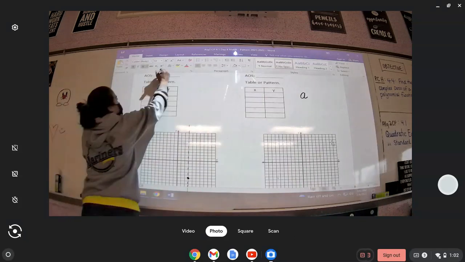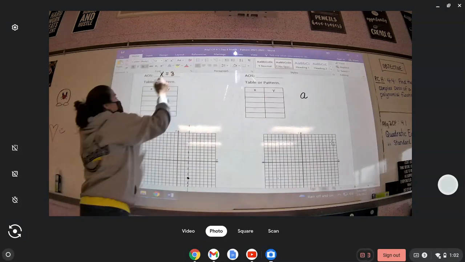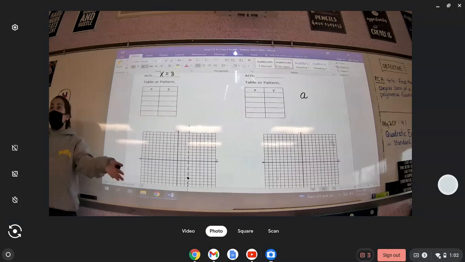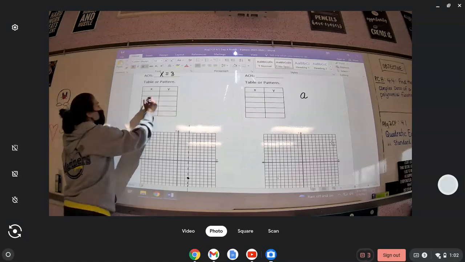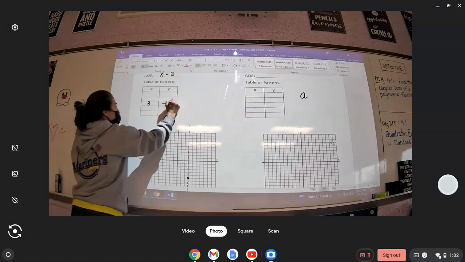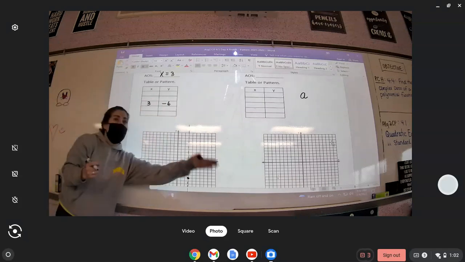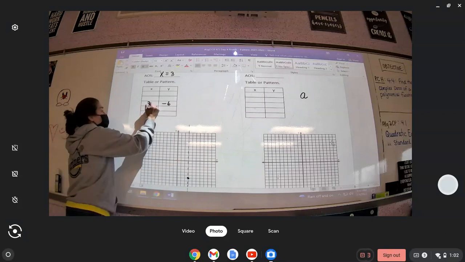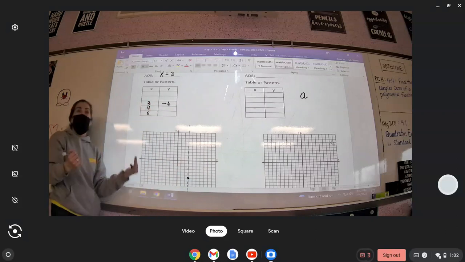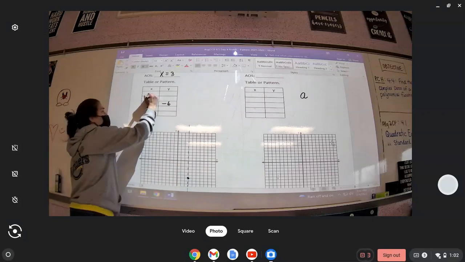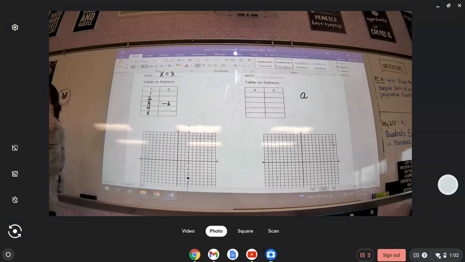X equals 3. Okay, so yesterday, I would have told you, go to your table, plug your vertex in the middle, and then pick 2 x values to its right, so 4 and 5, and 2 x values to its left, so 2 and 1. And then you'd have to pick which numbers you want to plug in and do that.